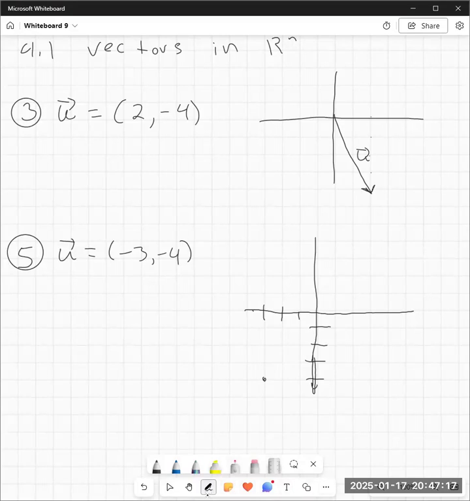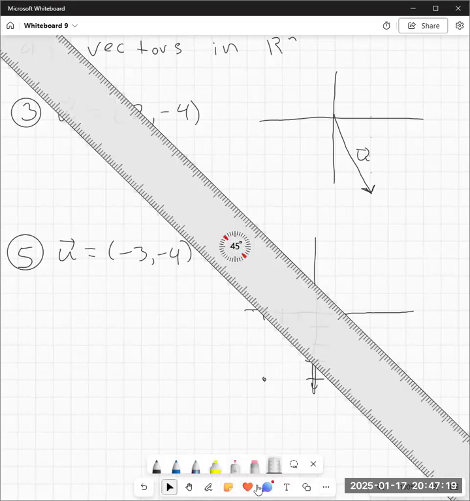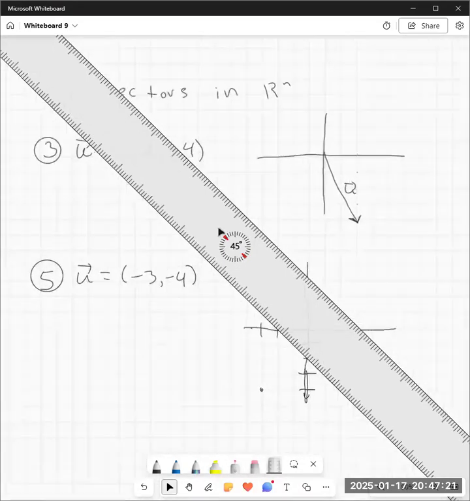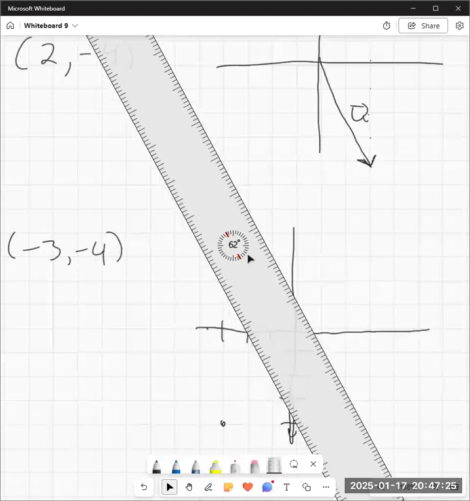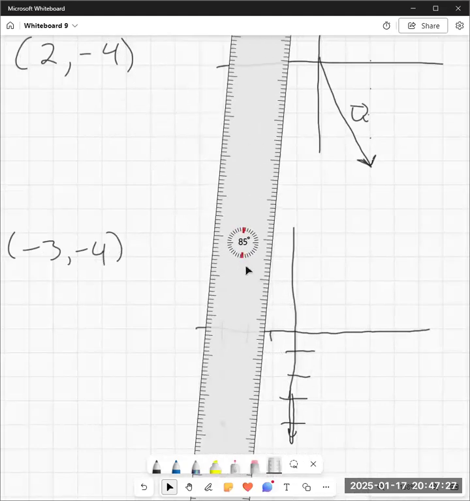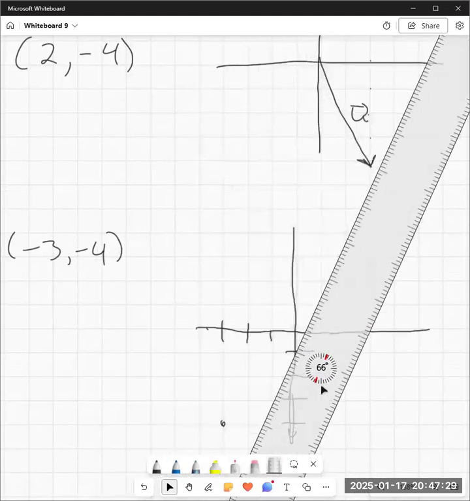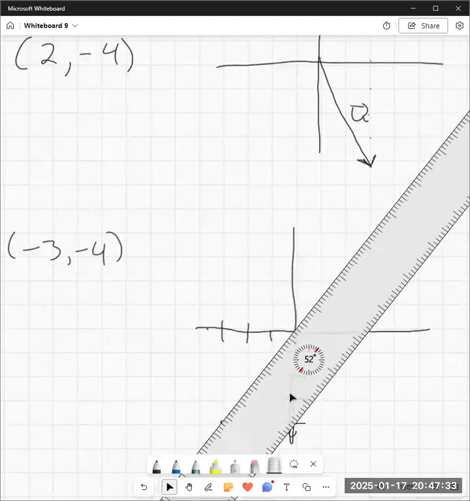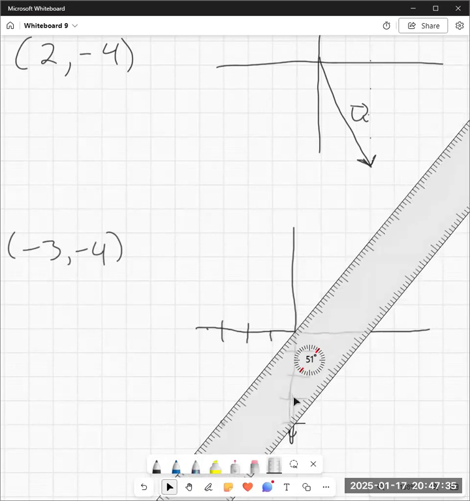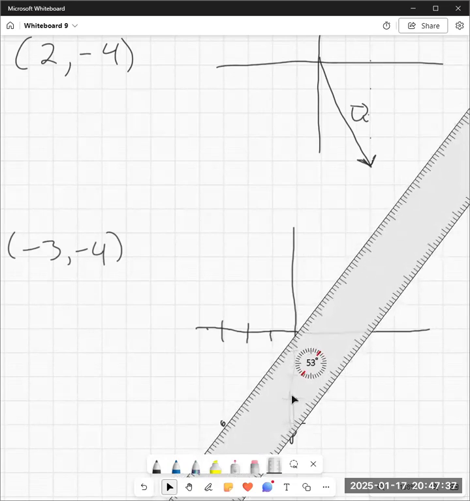I'm going to zoom in a bit, turn this around. About to say I wish I had a straight edge, but the application does have a straight edge in there.